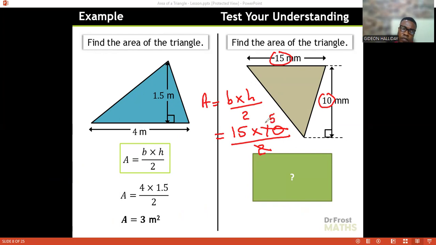That will give you 5 here. So you have 15 times 5. And that gives you 5 times 5, 25. 5 times 1 is 5 plus 2. That's 75 millimeters square. So easy, super easy, right?